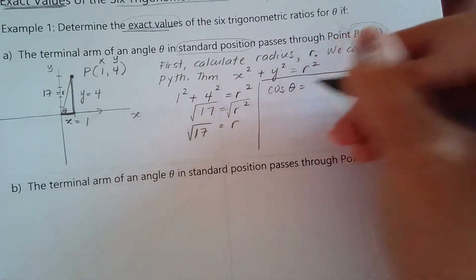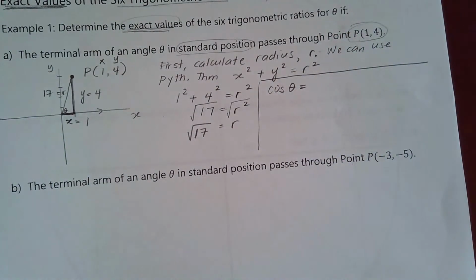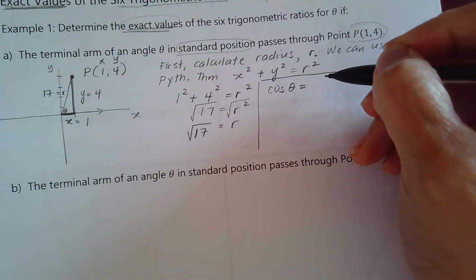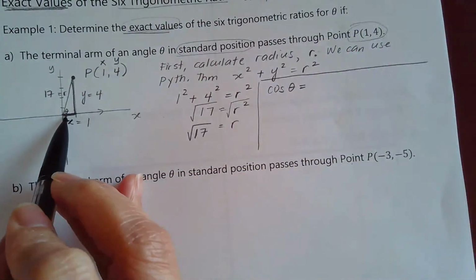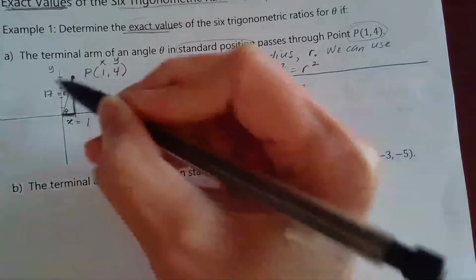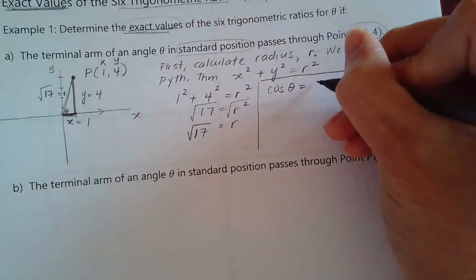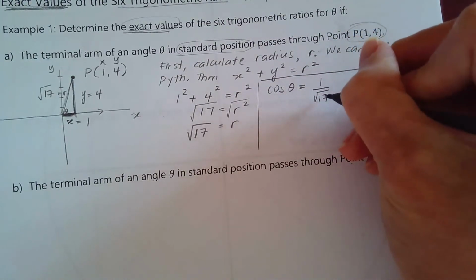Cosine theta is adjacent over hypotenuse. So adjacent is 1, hypotenuse is root of 17. So it's going to be 1 over root of 17.